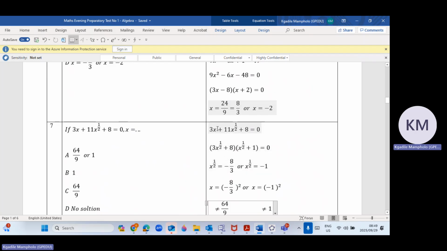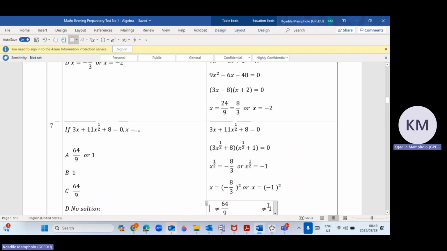So we know that when you factorize, you divide the exponent of the first term by 2. If you have 2 and 2, then you can still use the quadratic formula, substitute 3, 11, and 8. Obviously, we get negative 8 over 3, and then negative 1.